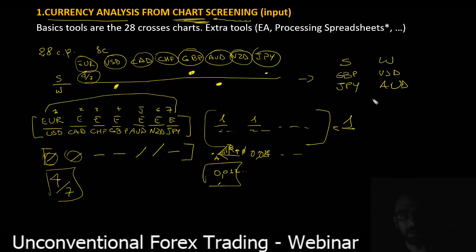Therefore, this is our analysis that we do from the 28 charts in clusters of 7, by using the common group that they form together for each currency. So I hope this is clear.